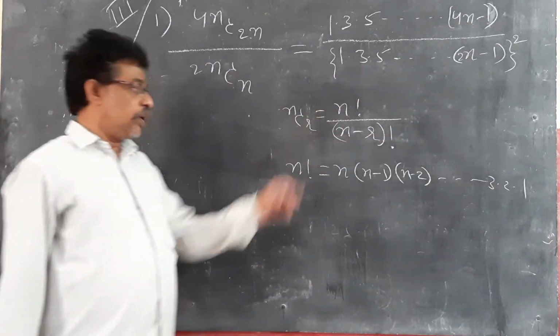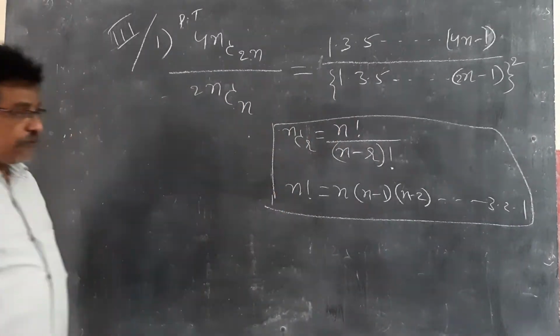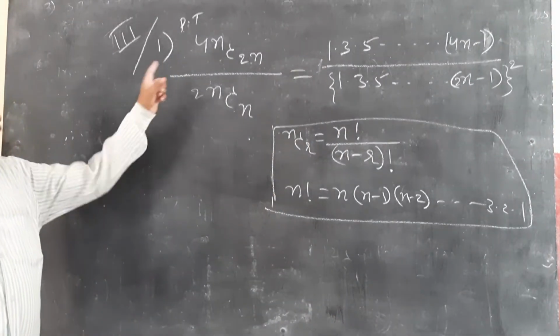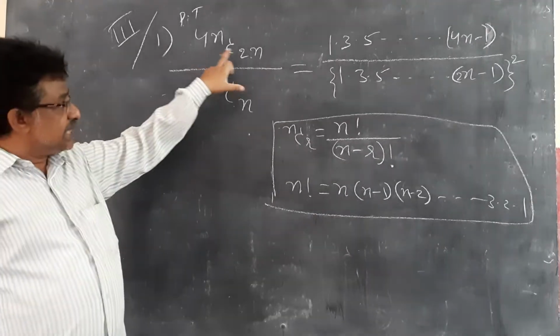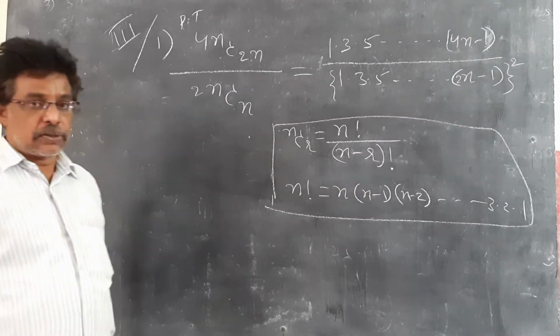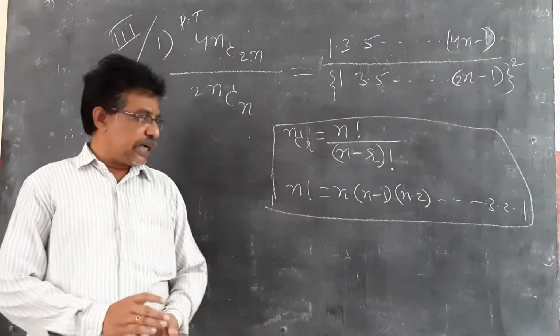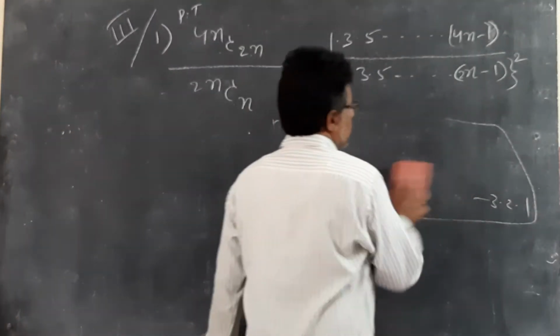So these two formulae I am using to solve this sum. So very easy to get 4 marks. Listen, 4nC2n by 2nCn. Now come on.